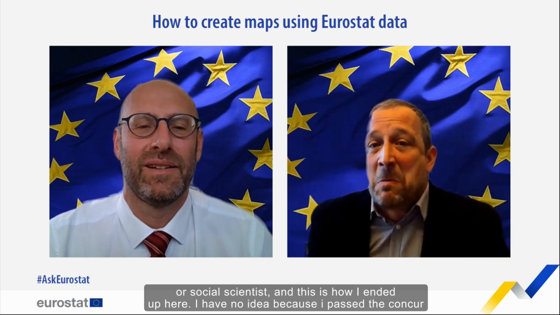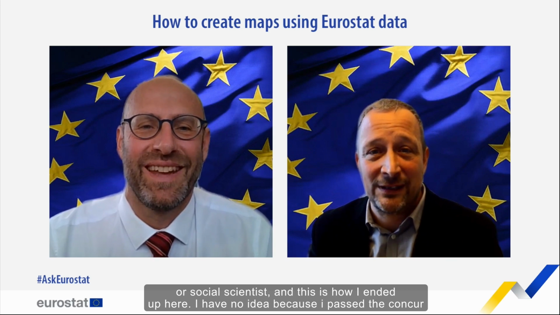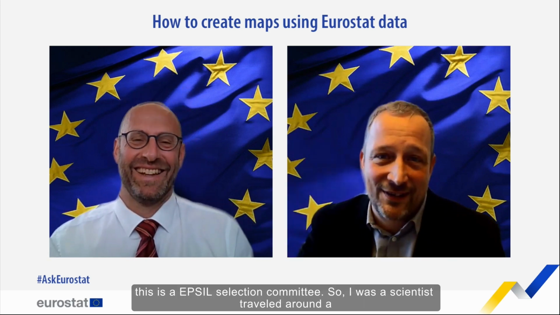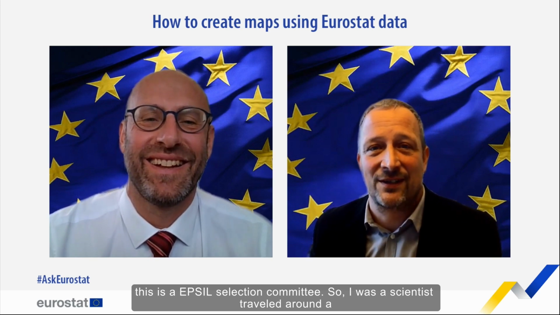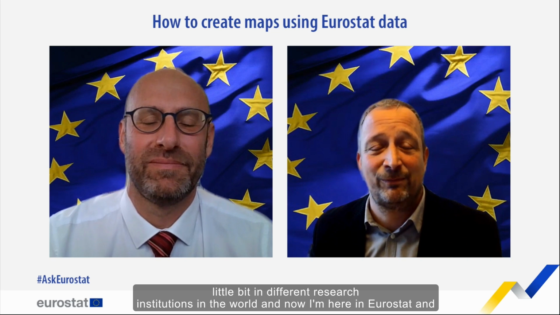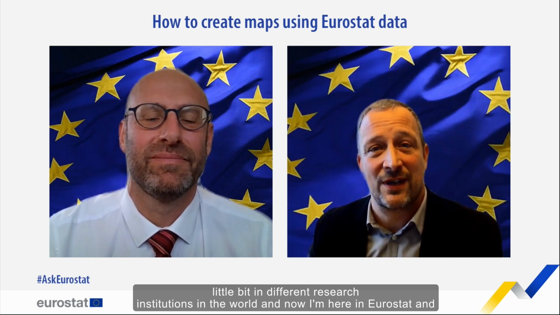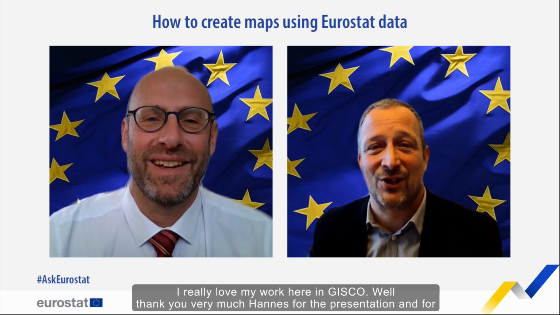And this is how I ended up here. I have no idea, because I passed the concours. This is an EPSO selection committee, right? Well, I was a scientist, traveled around a little bit in different research institutions in the world. And now I'm here in Eurostat and I really love my work here in JISCO.